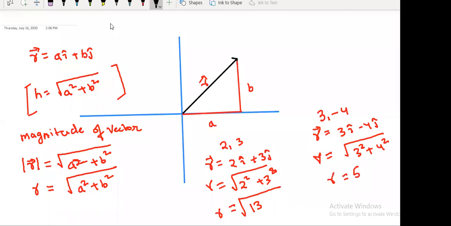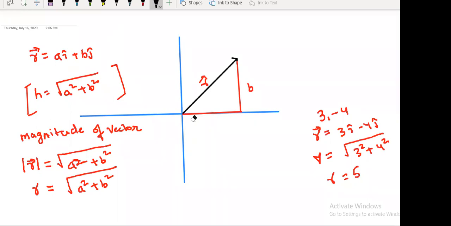And how to represent this? See, whatever the direction is, a triangle is being formed, right? 3, -4 is nothing but this point, something like this. Yes, Anna.